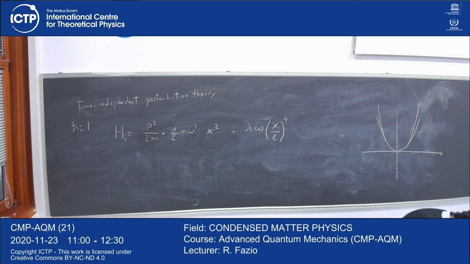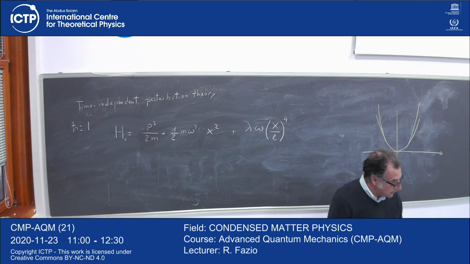So the first one is to calculate the average value of angular momentum Jz with the density matrix. Okay, let's do this one.